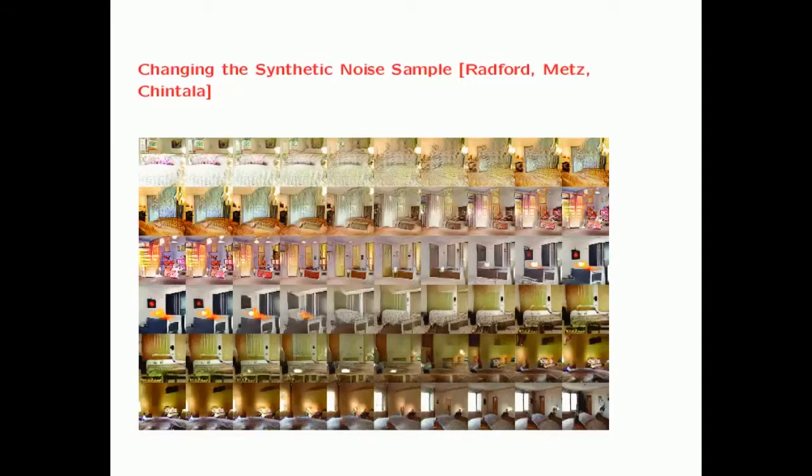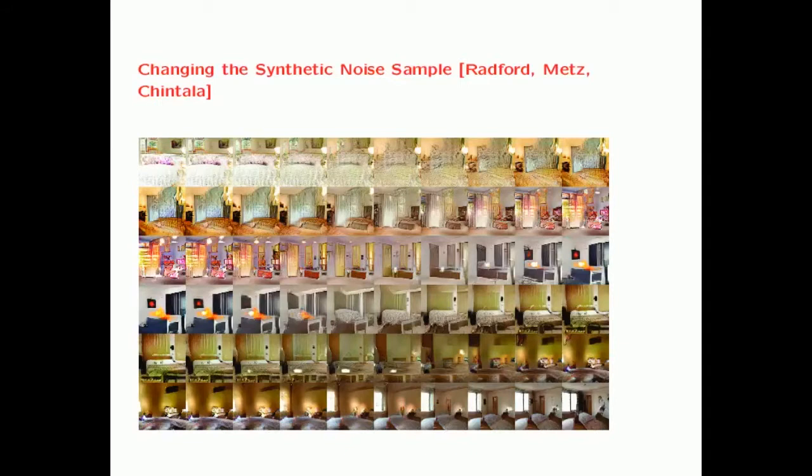So here is an example of what the generated images look like when you slowly change the Gaussian sample. Now look at the lowermost set. As you are changing the Gaussian sample, suddenly a window appears. There is a couch here, but there is no window, but slowly this pillow morphs into a window over the course of changing your input noise sample.